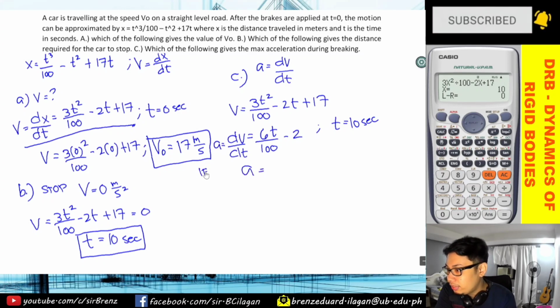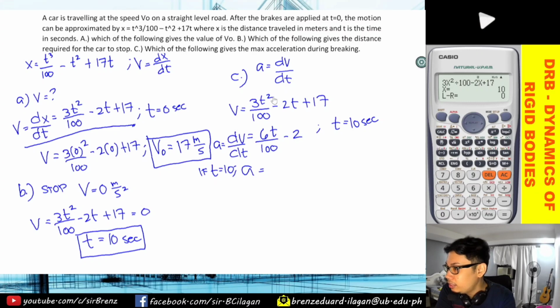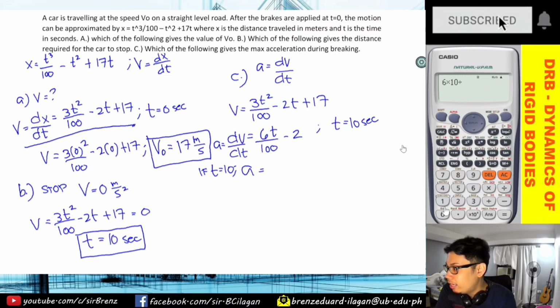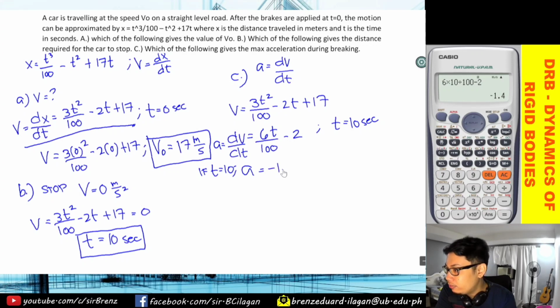Okay, so if t is equals to 10, therefore the acceleration for that is 6 times 10 divided by 100 minus 2. So that is negative 1.4. Tama ba? So negative 1.4 meter per second squared.